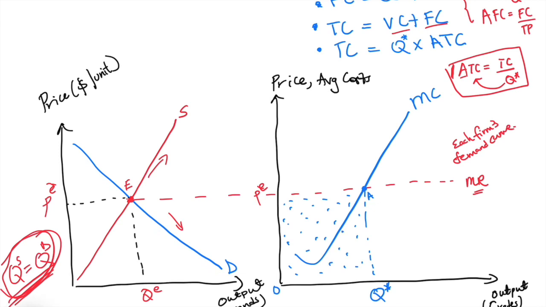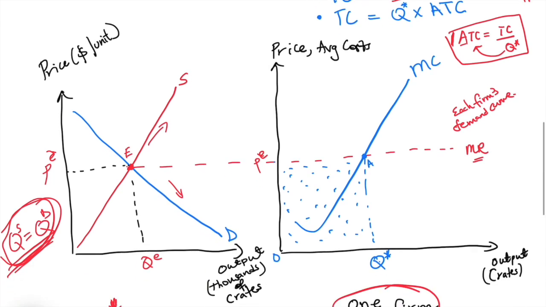Total revenue goes from 0 to Q star to A to PE and back to 0. Total revenue is your sales. When each firm sells crates of fruits, that is what they get. This shaded area is what they are receiving. That is what P star or PE times Q star means.